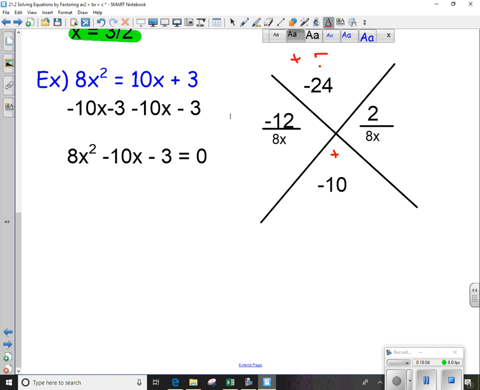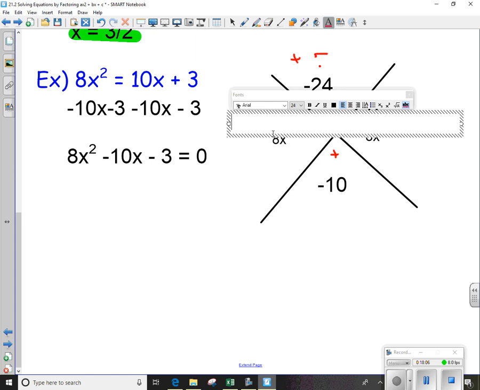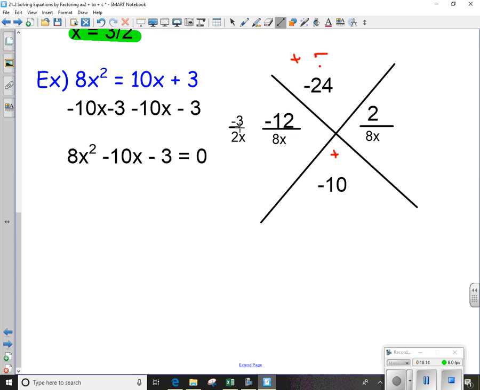Here, 4 divides into negative 12 over 8, so that gives me negative 3 over 2x. And there's my fraction. Then 2 over 8 also reduces down. 2 divides into both of them. 2 divided by 2 is 1, and 8 divided by 2 is 4. And so I have that fraction now.